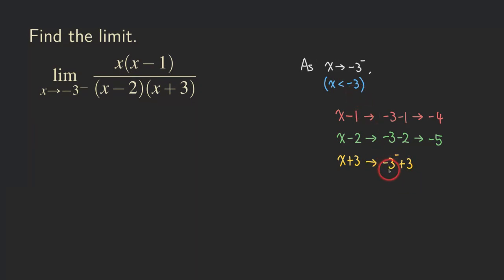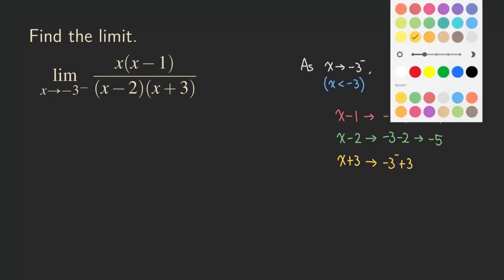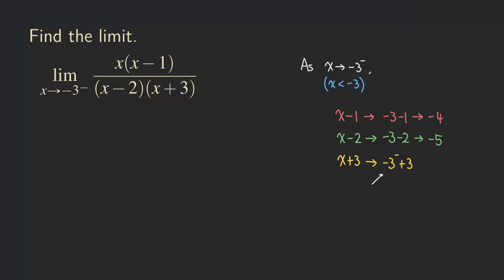An example of such a sequence is on the left side of -3: -3.1, -3.05, -3.01, -3.005, -3.001, and so on.